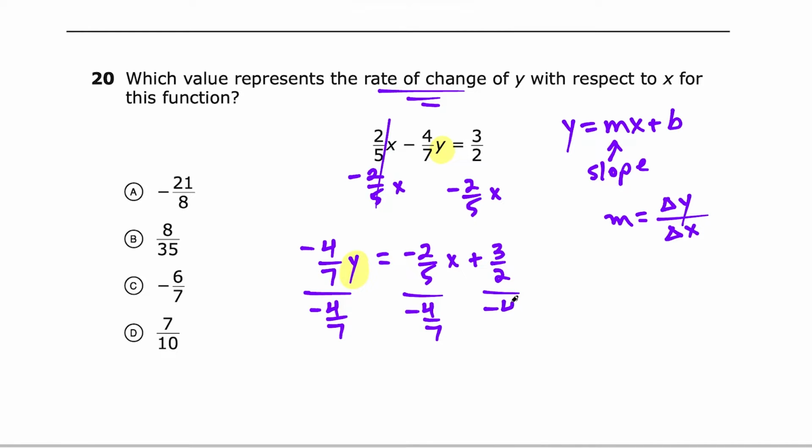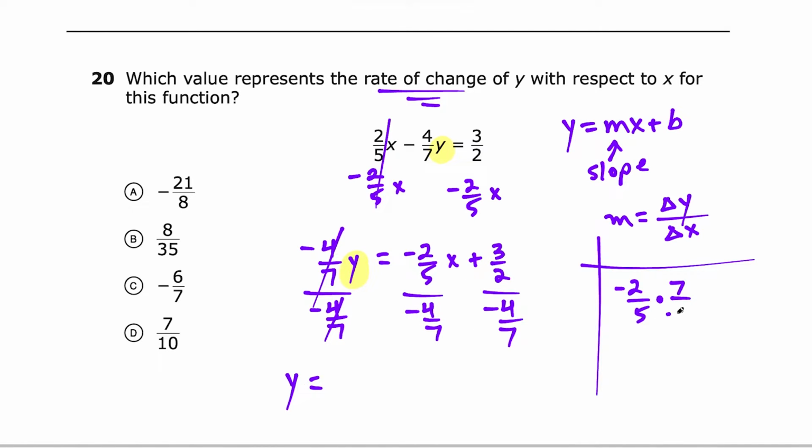And the only thing we really care about here is the coefficient of x. Okay, the slope is the number in front of x. So this equation is now going to say y equals, and on the side here, I'll just go ahead and do the division. We're going to have negative 2/5, and we're dividing by negative 4/7. So when we divide two fractions, we could use keep change flip. So I'm going to change the operation to multiplication, and I'm going to flip the bottom fraction to 7 over negative 4.